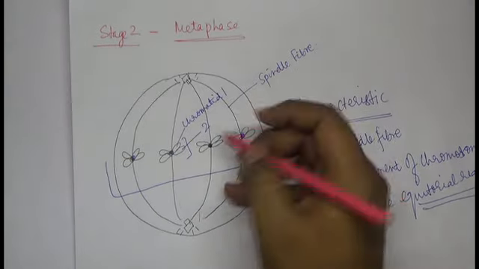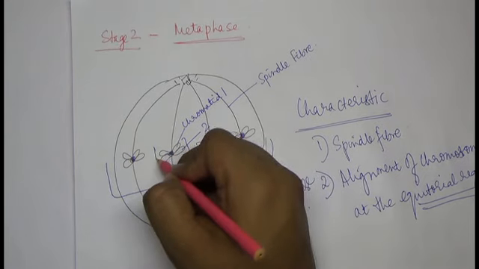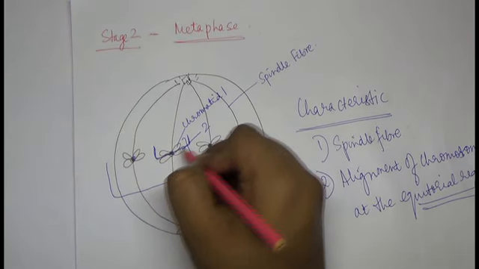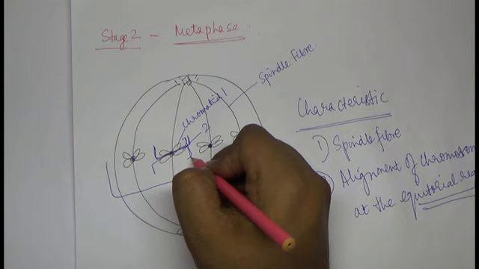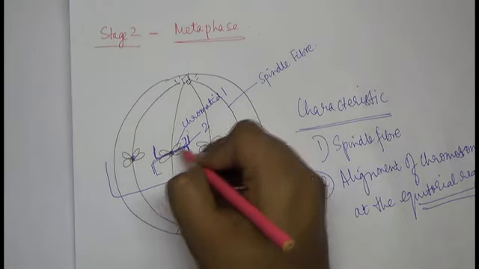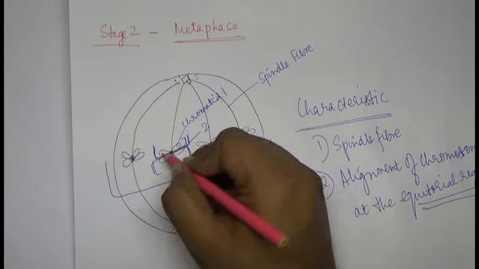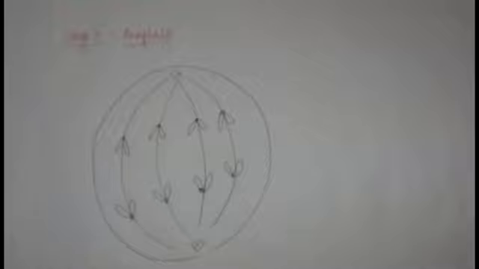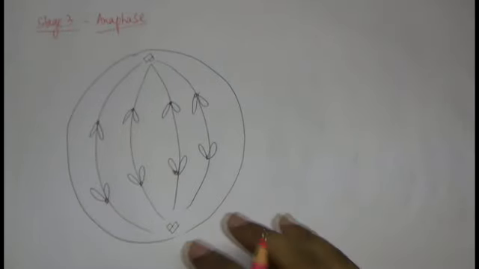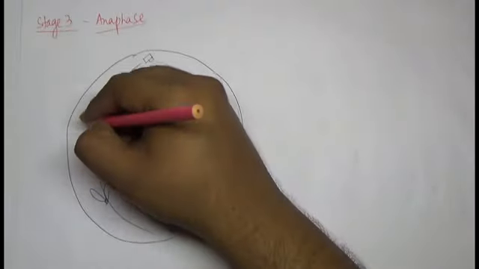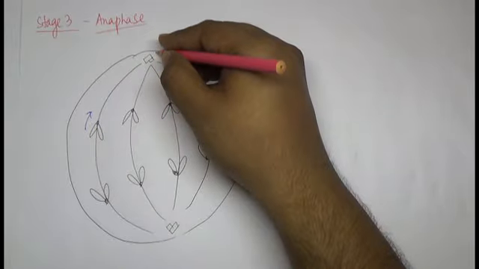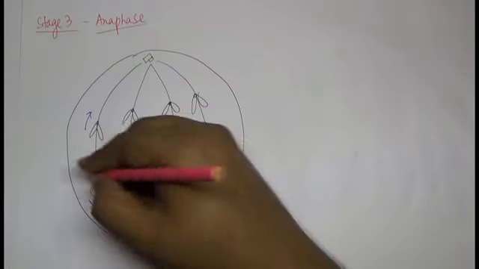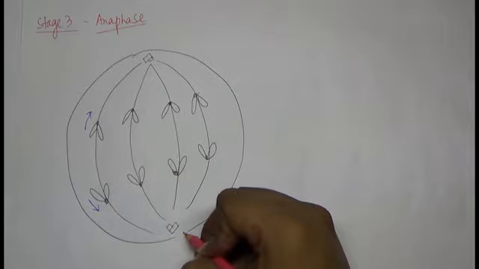So what happens during anaphase? The chromosome is split into two, this part and this part. So the chromosome will be split into two chromatids. As you can see, one chromatid goes to one pole of the cell, and the other chromatid goes towards the second pole of the cell.